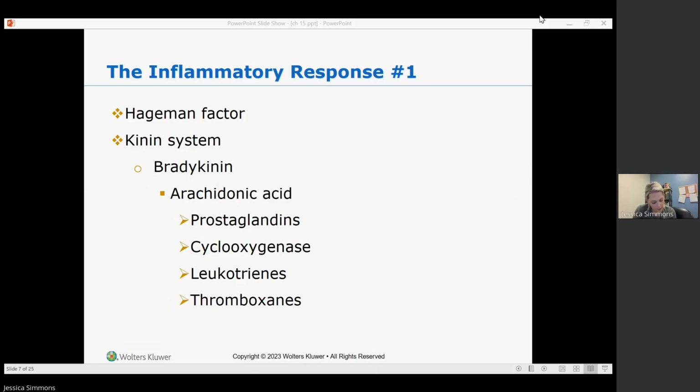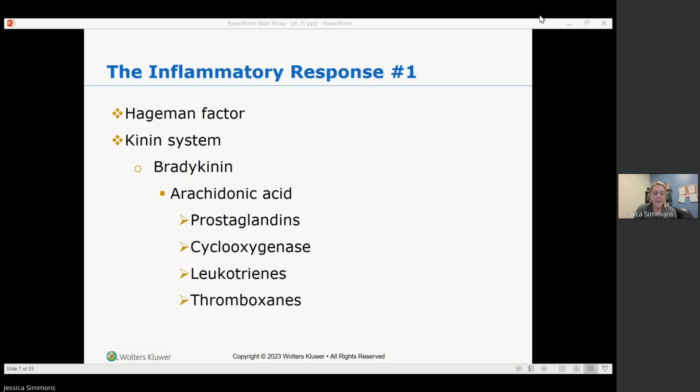Hagman factor is responsible for activating at least 3 systems in the body: the Kinnin system, which is discussed here, the clotting cascade, which initiates blood clotting, and the plasminogen system, which initiates the dissolution of blood clots.